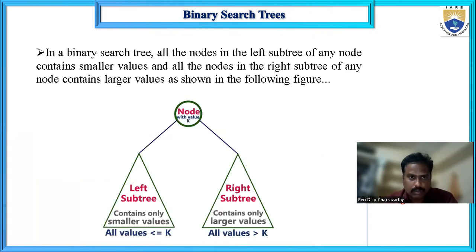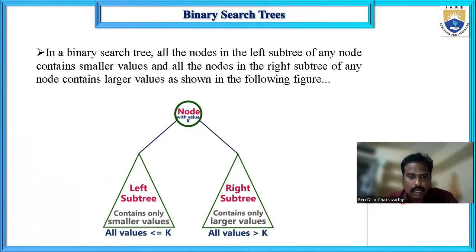If you observe, in a binary search tree, all the nodes in the left subtree of any node contain smaller values, and all the nodes in the right subtree of any node contain larger values, as shown in the following figure.